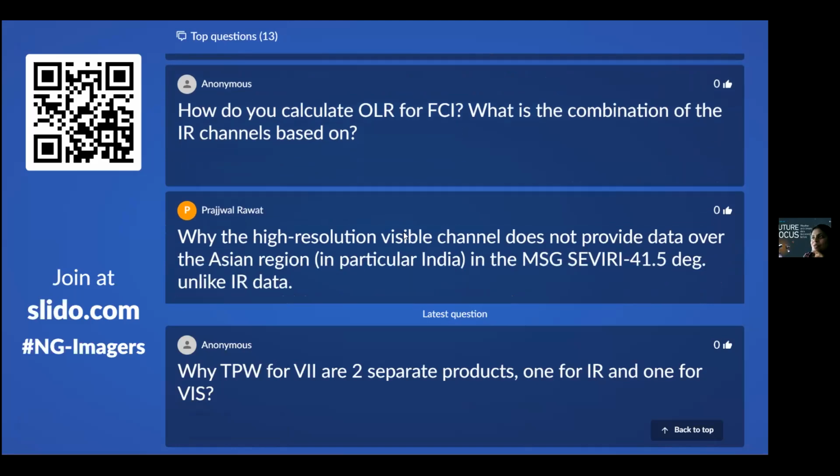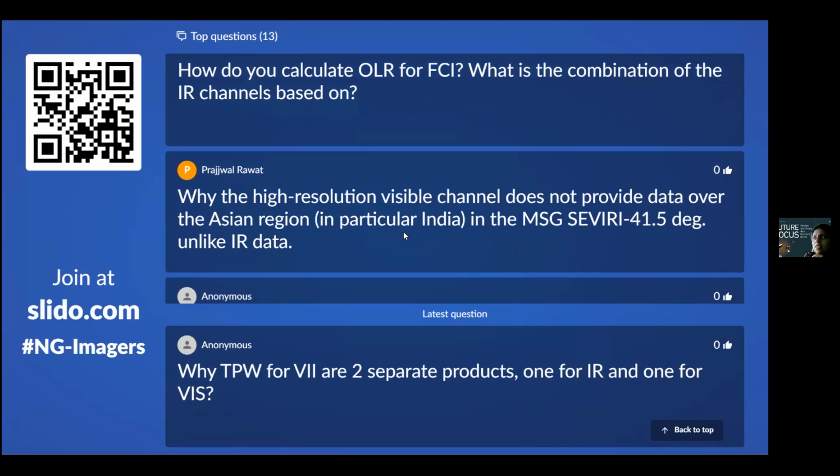Why does the high resolution visible channel not provide data over the Asian region in the MSG SEVIRI 41.5 degree service, unlike IR data? I did not understand. I mean, this is SEVIRI. SEVIRI has all channels at 3 kilometers, except the high resolution channel, which is a broadband channel.